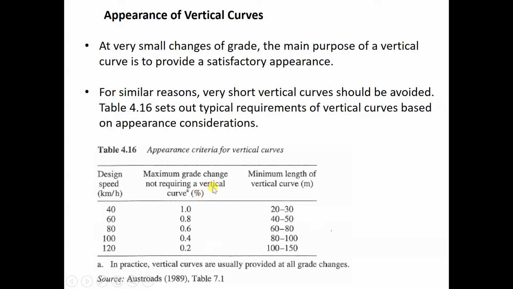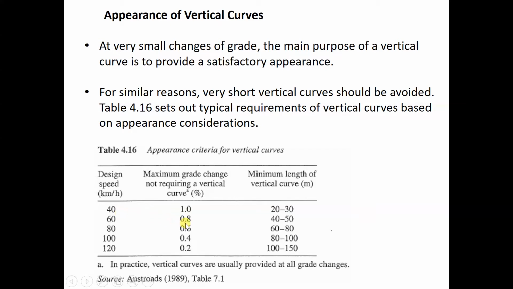So, the maximum grade change not requiring vertical curves. Just like the horizontal curves, when the deflection angle between two tangents is very small, such as 0 degrees 30 minutes for certain roads, the change of direction is so minute that you don't need to put in the horizontal curves.